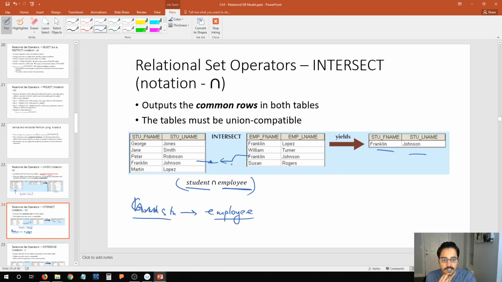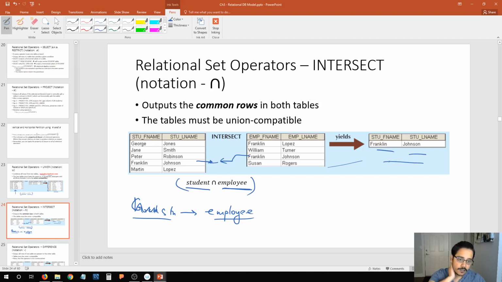So when intersect is applied, and it can only be applied because both of these tables are union compatible, right? Because they have 2 attributes. The data types of both of these attributes match, and their attribute domain must also match, right? So when that happens, basically the output is another relational table consisting of the common rows.